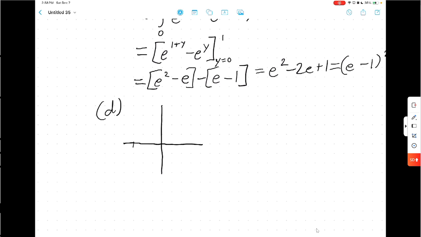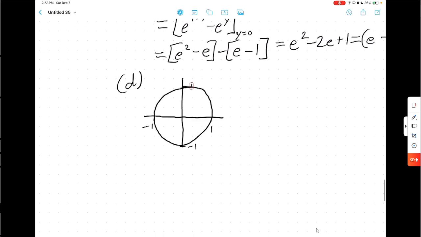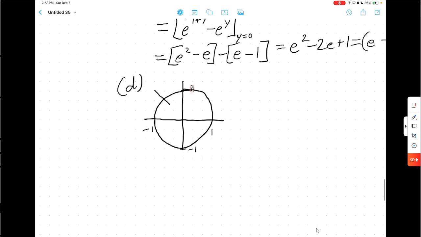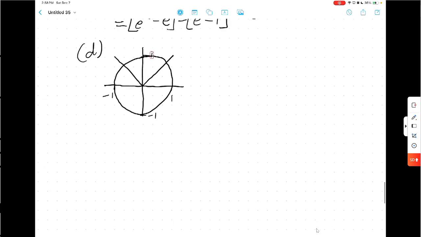I'm just going to mark off 1, and there should be a negative 1, and then a 1 here. So we're going to have something like this. And then absolute value of x is going to just do something like this. Like so.